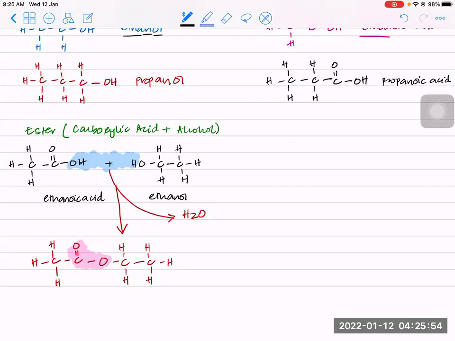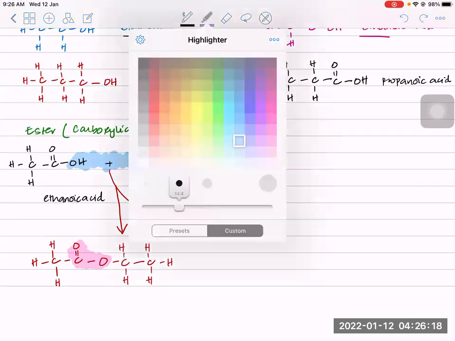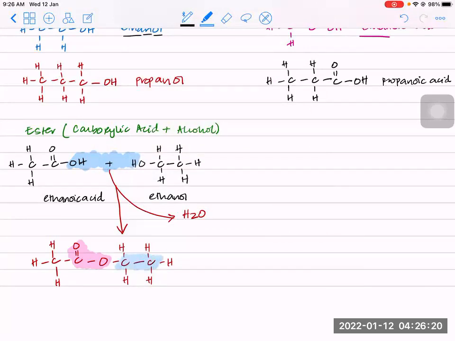Whatever you see after the C single bond O, that's how many carbons? 2. Whatever you see after the C single bond O comes from the alcohol and is written first. So I'm going to highlight it in a different color.